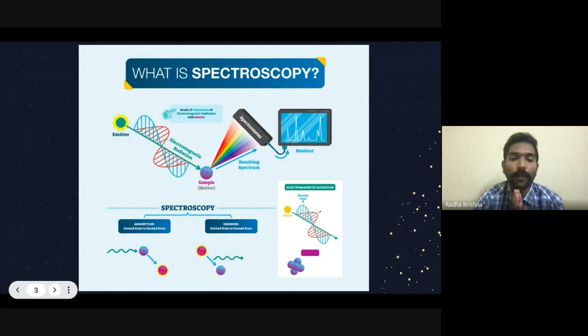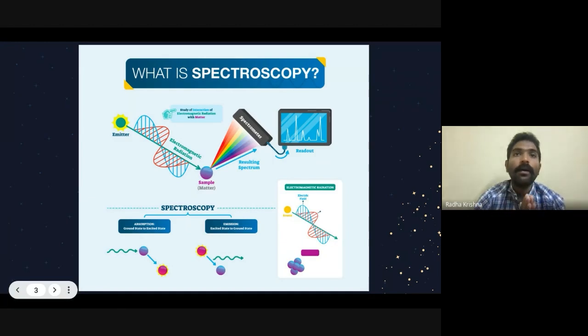So the first thing is spectroscopy, and if you are a university level student, you must have already gone through spectroscopy. But what spectroscopy is basically, is that if you have a material, and you're incidenting some light on it, it is going to absorb some light and it is going to reflect some amount of light. So the material is really specific, for example, if you have aluminum, it is going to reflect some amount of light in certain wavelengths, and it is going to absorb some amount of light in a particular wavelength.